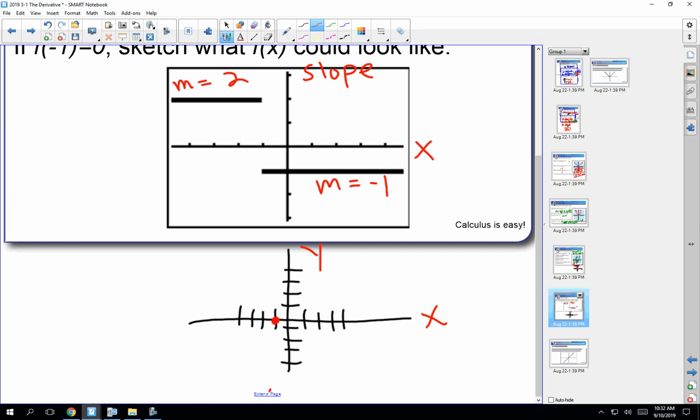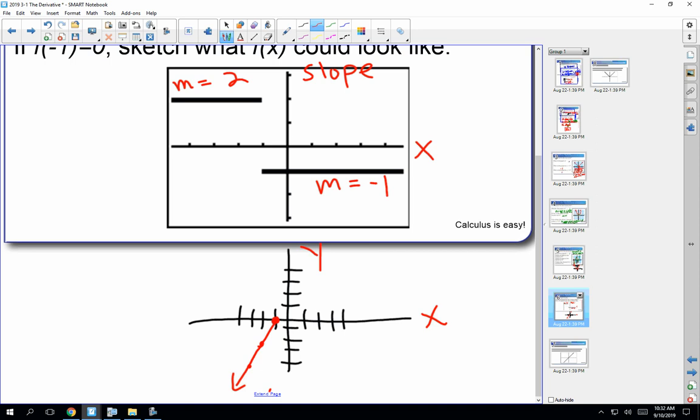I've got to do a slope of 2 over 1, so I would have to go down 2 and left 1, down 2 more and left 1. So to the left of x equals -1, I have a line segment with a slope of 2.